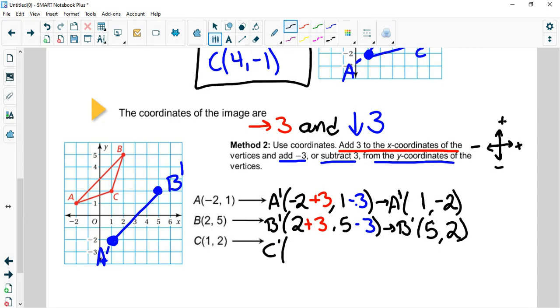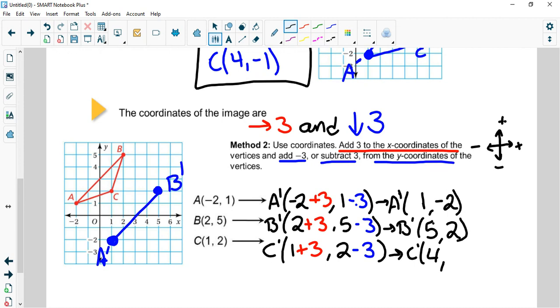So C prime. To the x value, I will add 3. To the y value, I will subtract 3. So for C prime, 1 plus 3 is 4.